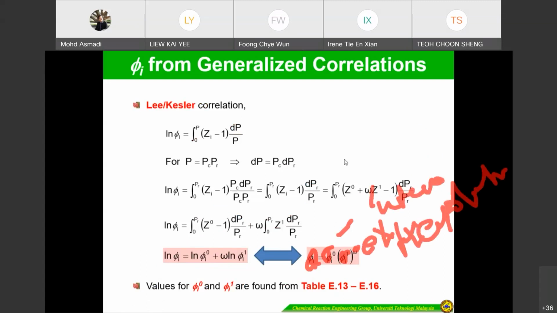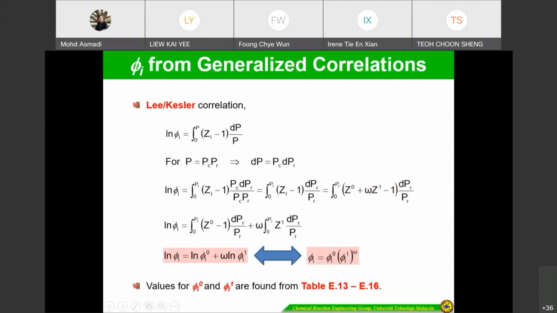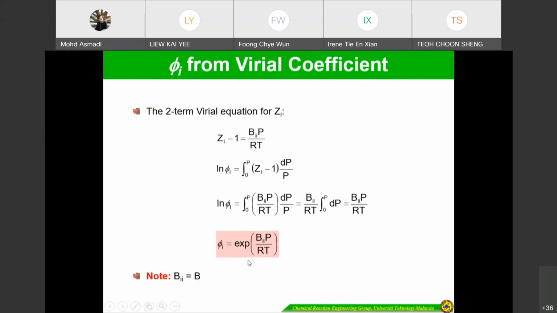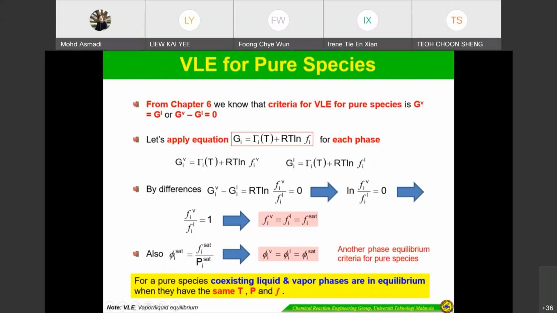Please remember: virial, cubic equation of state, and then generalized. This one is Lee-Kessler, which is also a generalized correlation, used as an alternative because we do not have B values for all the components. If in equilibrium, you have to remember that fugacity is the same for each phase.